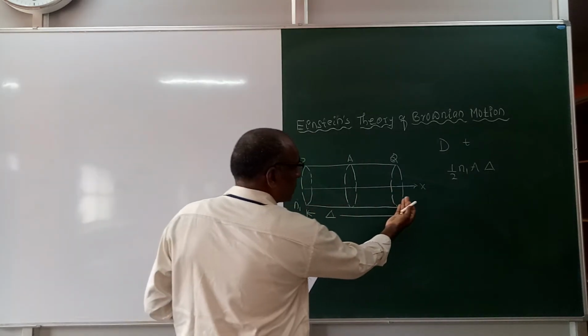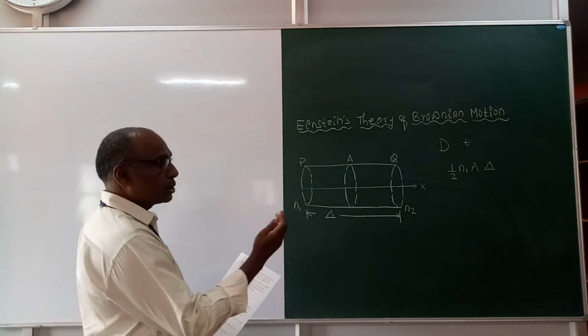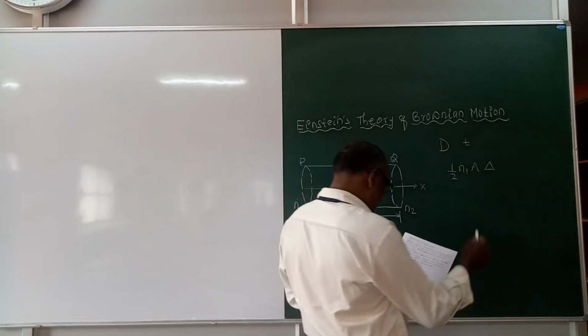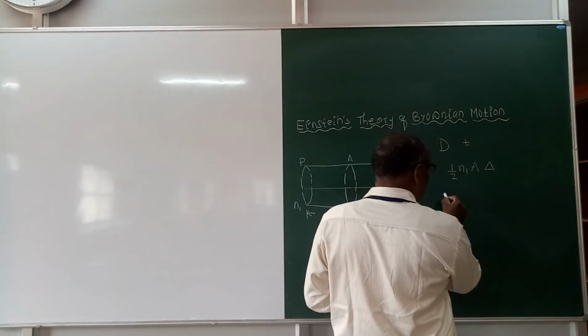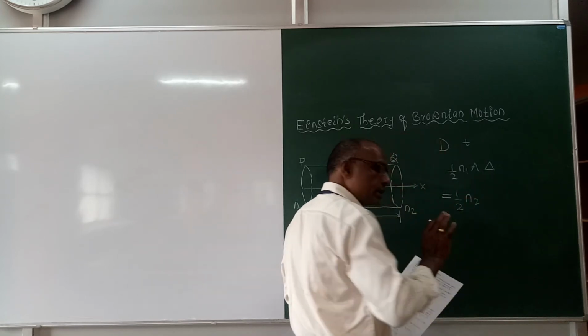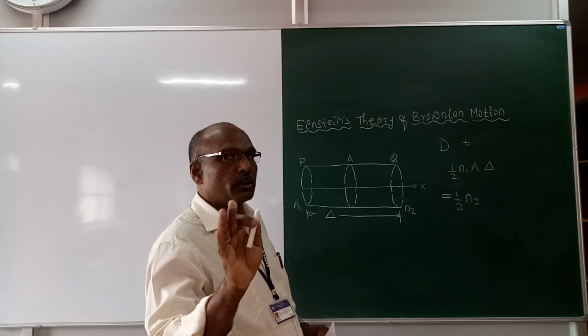Similarly, the number of particles moving from the opposite end, Q to P, in the opposite direction will be half N2. N1 is not equal to N2.